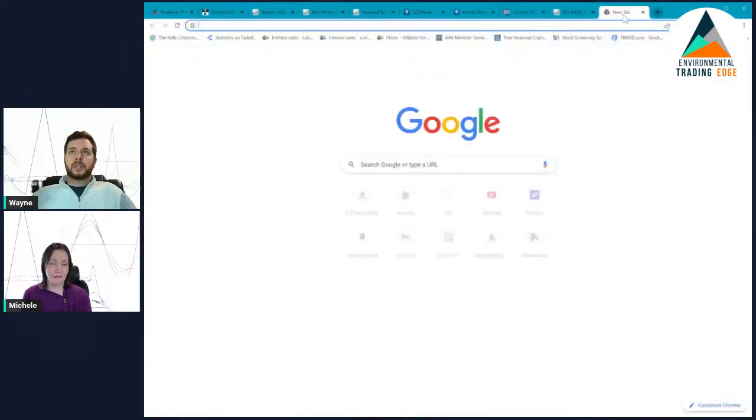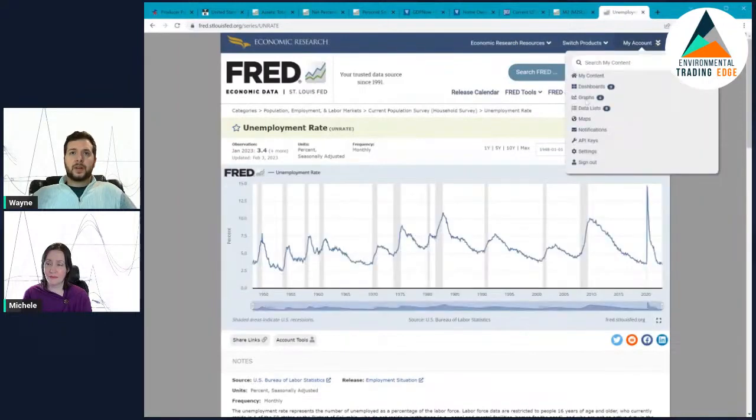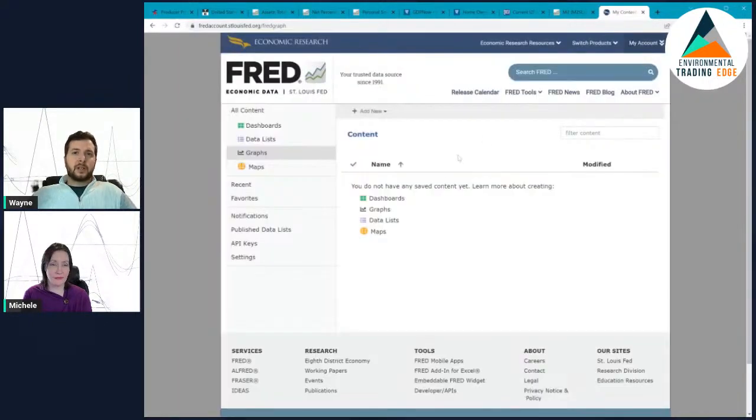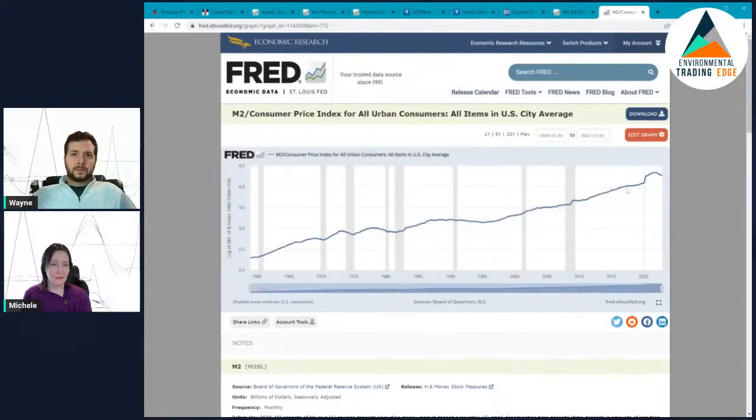Another way to also look at this is, give me just a second here. Let me just go into here, and I've got a graph that I look at on a regular basis. Yeah, M2. There you go. So this is M2 versus the consumer price index, right?